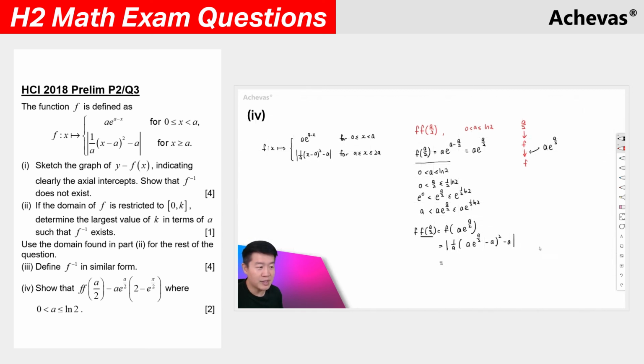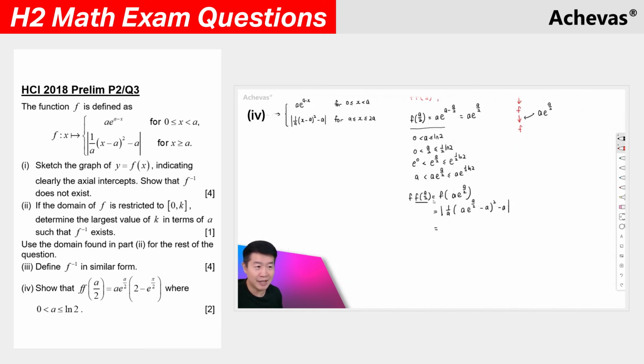But from the previous part of the question, we have already determined that for x between a and 2a, we can make a choice of minus. So it will be minus 1 over a of a e to the power of a over 2 minus a squared minus a. So I multiply the negative in, minus becomes plus.